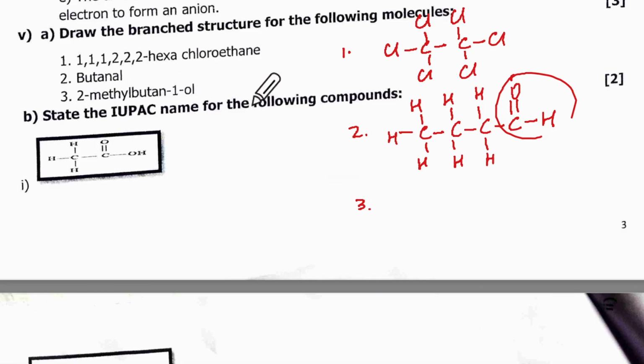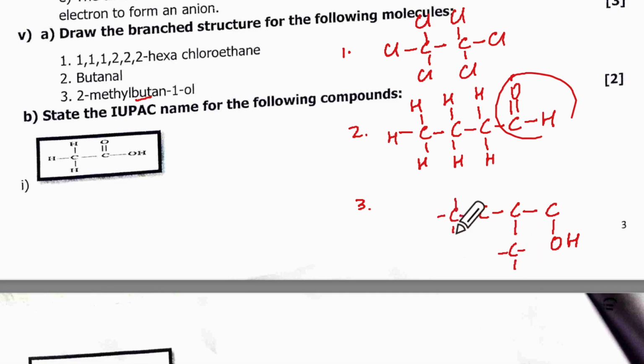2-methyl butan-1-ol. Butan-1-ol. So C single bond C single bond C single bond C. That means but means 4. 1-ol means for the first carbon there will be OH here. And 2-methyl means for the second carbon there will be a methyl group.